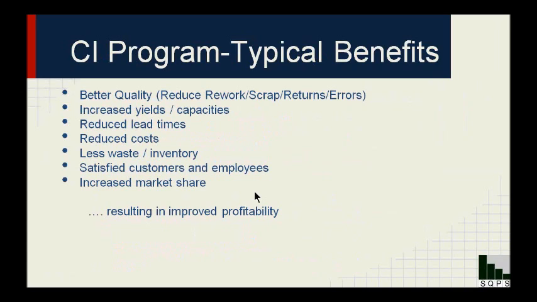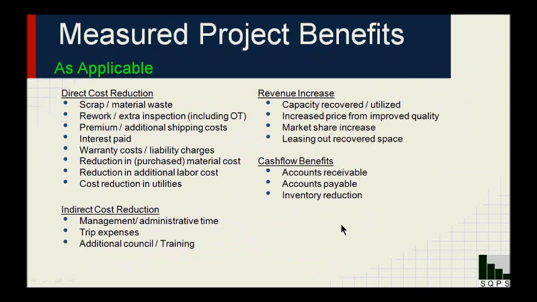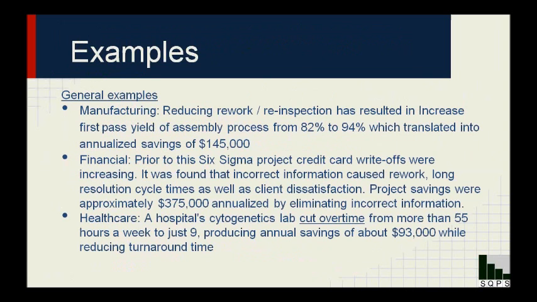All this results in improved profitability in for-profit organizations, and improved, of course, customer experience for all organizations. So here's just a slide on different measured benefits as far as direct cost reduction, indirect cost reductions, revenue increases, and cash flow benefits. So you can see there is a lot that can be realized.